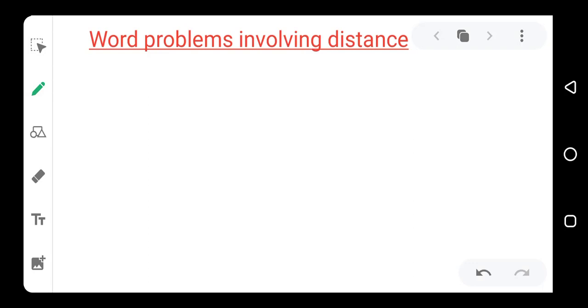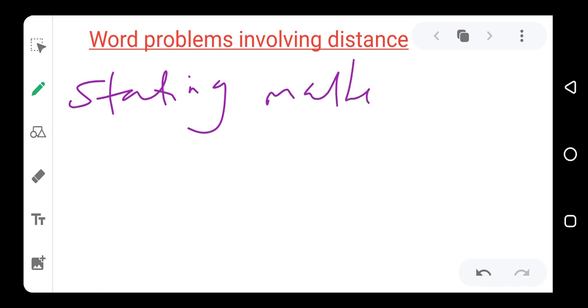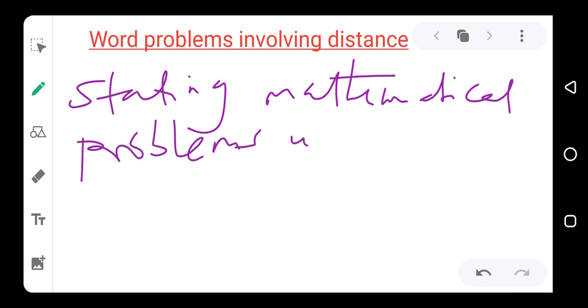I believe you already know what word problems are. A word problem means a way of stating mathematical problems using direct statements.